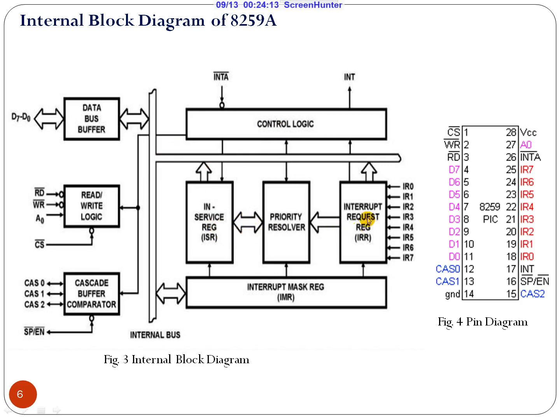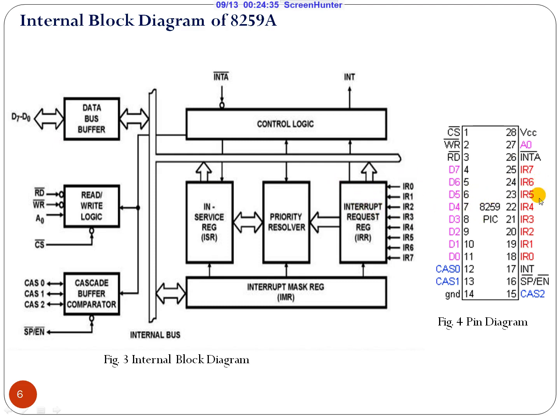This is the internal block diagram of the 8259. In this we have three important registers, the first being the interrupt request register. Here the interrupt requests from the peripherals are given on these 8 pins, which are also shown in the pin diagram.